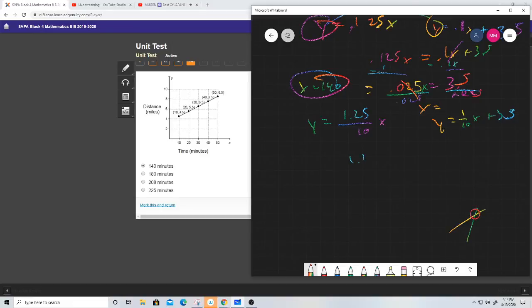Okay, so 1.25 over 10x equals 1 over 10x plus 3.5. Actually, to get rid of this, we multiply both sides by 10. Aha! That doesn't make sense. Does it?